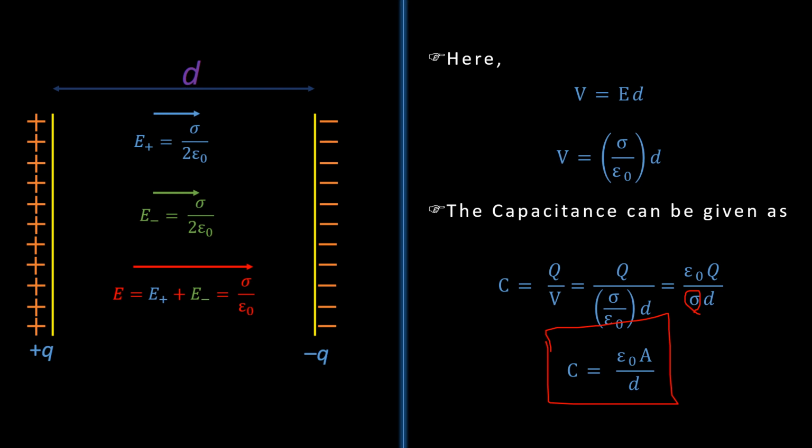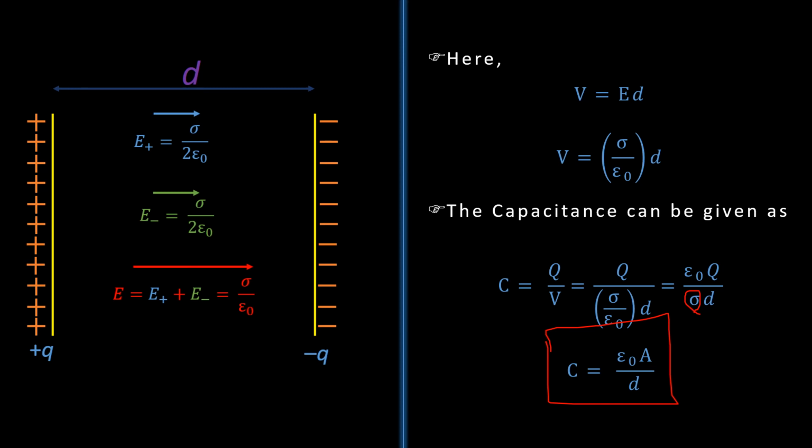This is the expression for parallel plate capacitor, and it indicates that capacitance is directly proportional to the area, which we predicted, and it also shows that capacitance is inversely proportional to the distance between the two plates, because if you increase distance, the charges would not like it, their potential will increase, and if the potential increases, capacity will decrease.